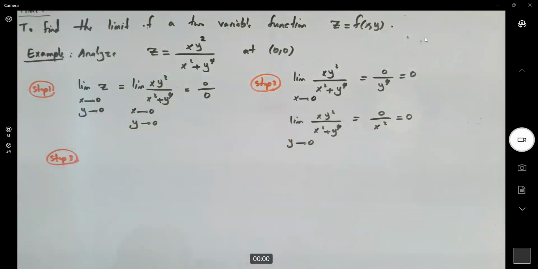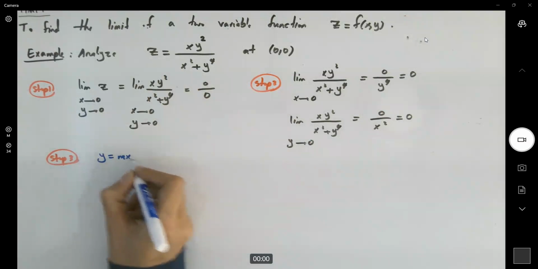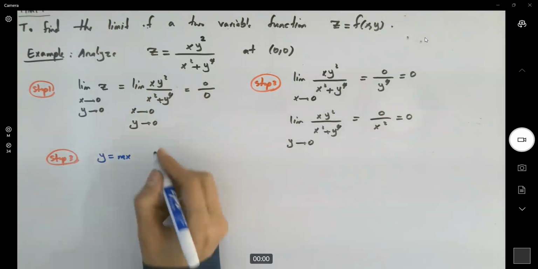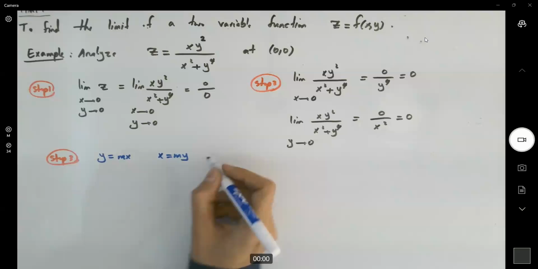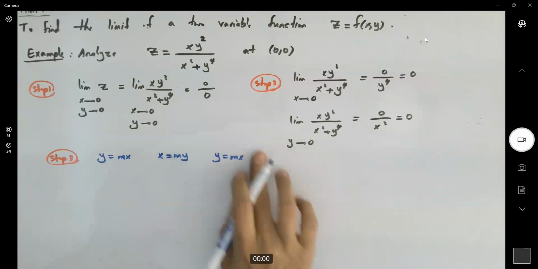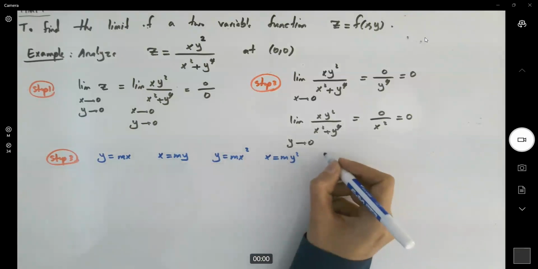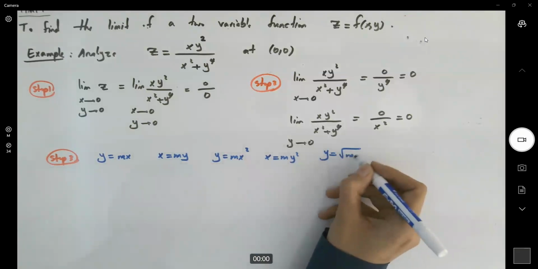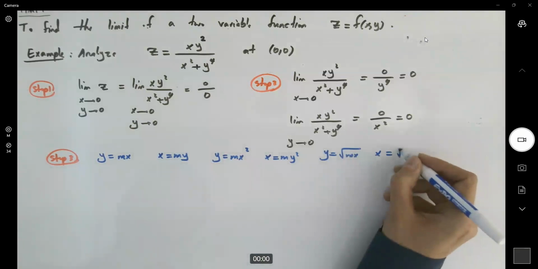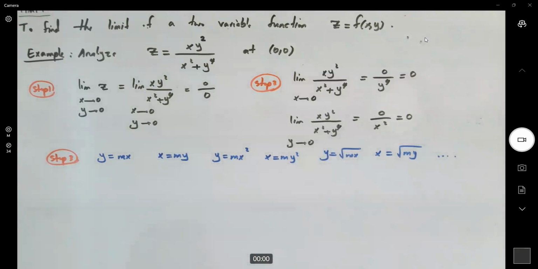So what path simplifies this function? Is it y equals mx? Is it x equals my? Is it y equals mx squared? Is it x equals my squared? Is it y equals square root of mx? Is it x equals square root of my? And many more.